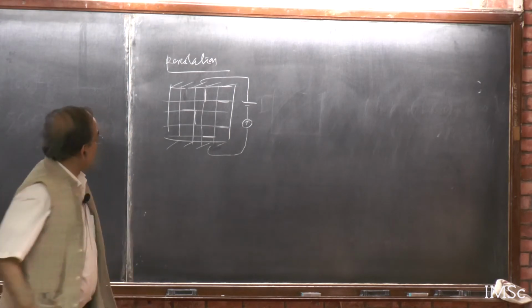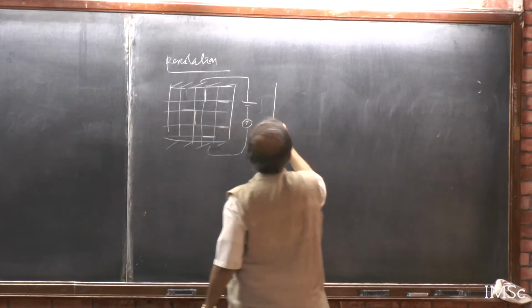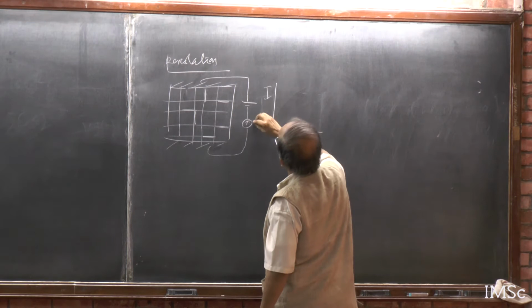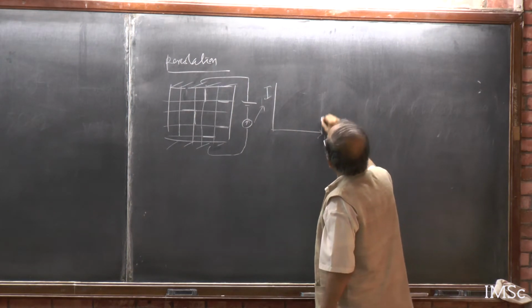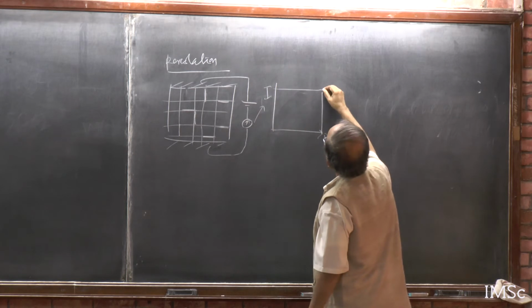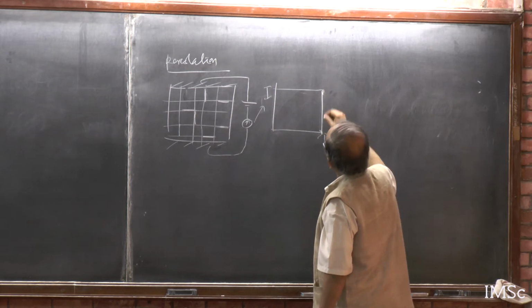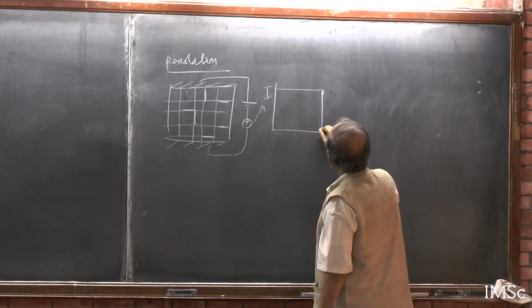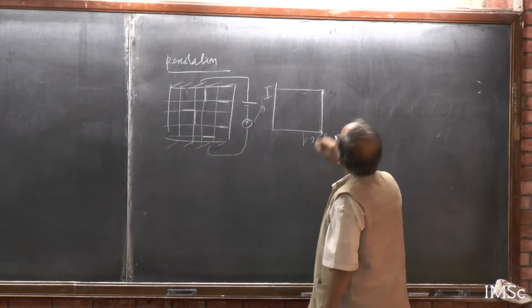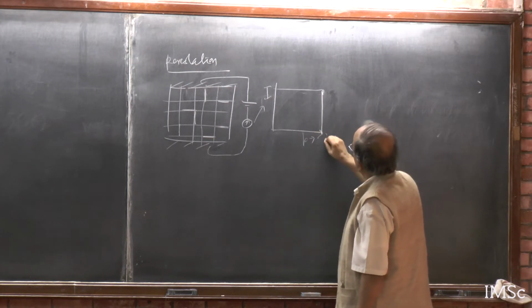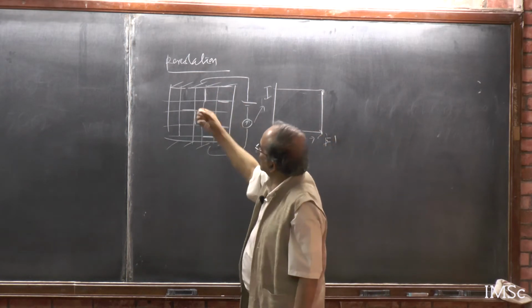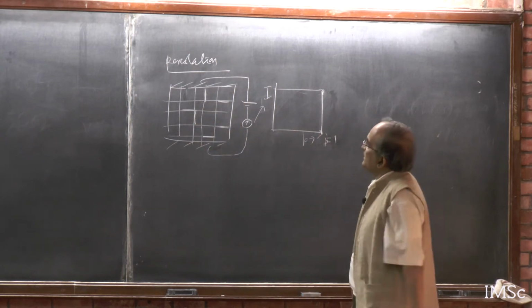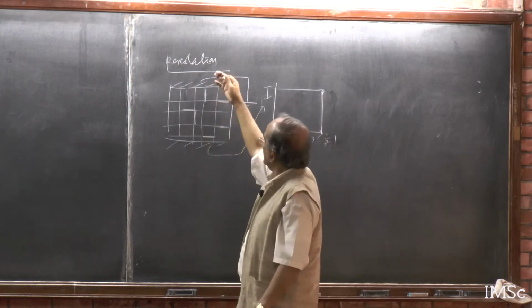Now let us try to think of the current as measured here as a function of p, going to 1. At p equal to 1, of course all the bonds, these thick bonds, are conducting, so the current will flow.